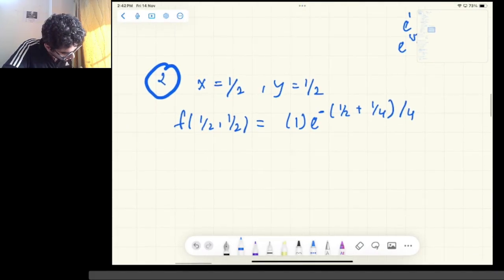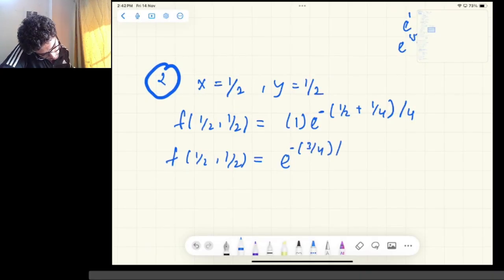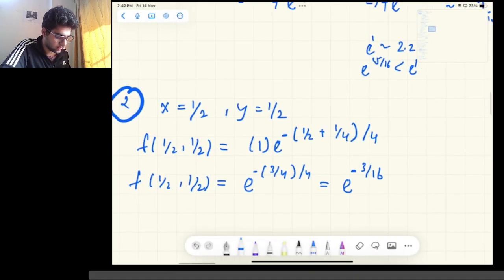So this will give me e to the power minus 3 by 4 divided by 4, so this becomes e to the power minus 3 by 16.